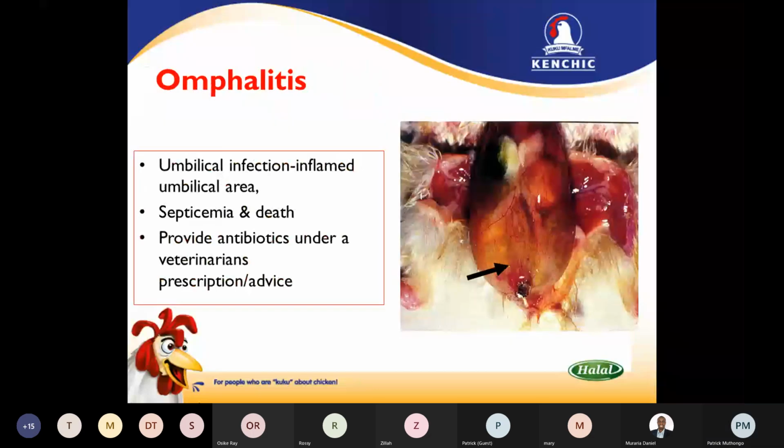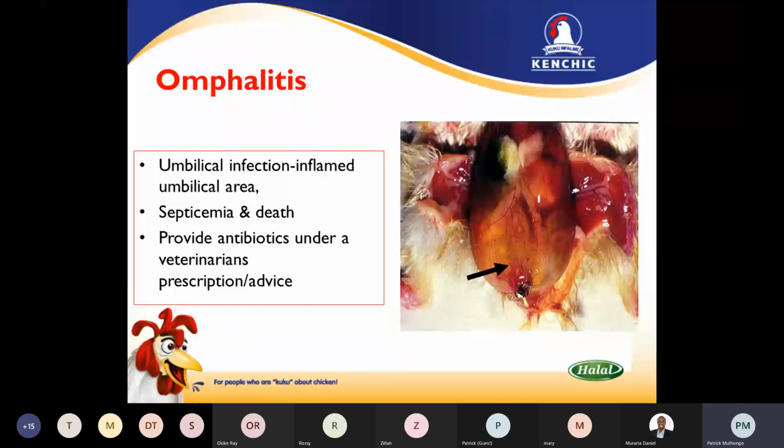Omphalitis, I'm sure hii wakulima wengi tunaielewa. An umbilical infection, ile ambayo most people refer to as ugonjwa ya hatchery infection. Yeah. So it brings septicemia and death. So it could not necessarily be coming from the hatchery, but due to the conditions ambazo we had outlined earlier.